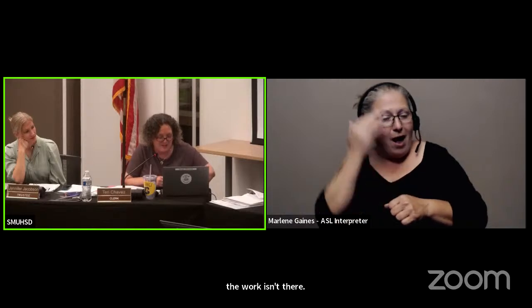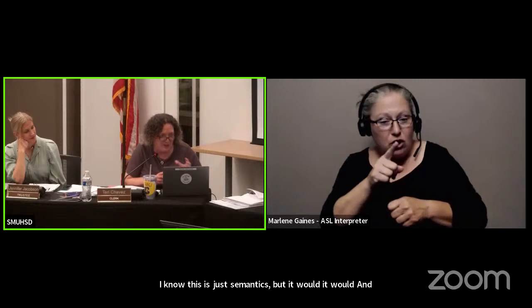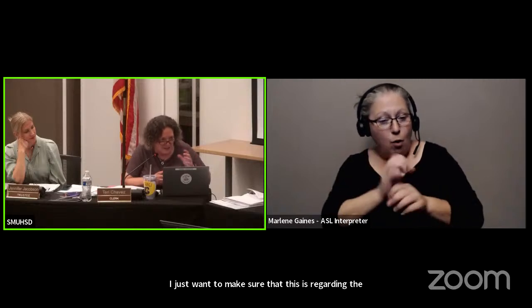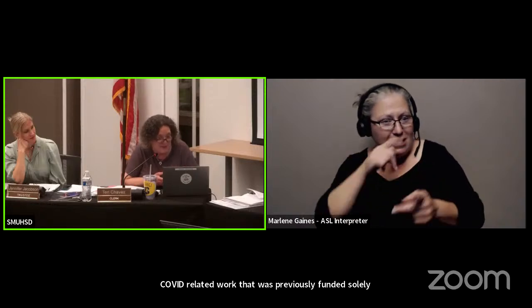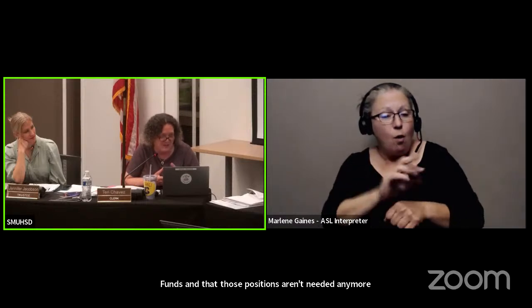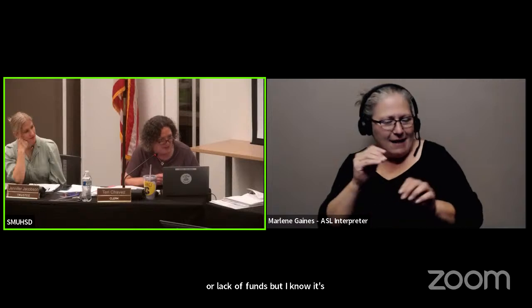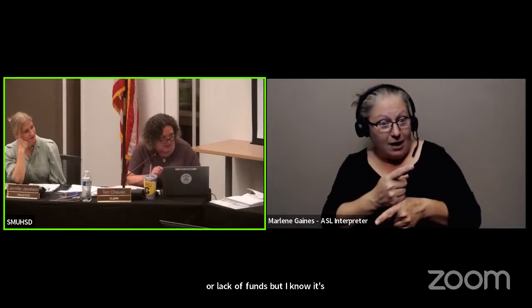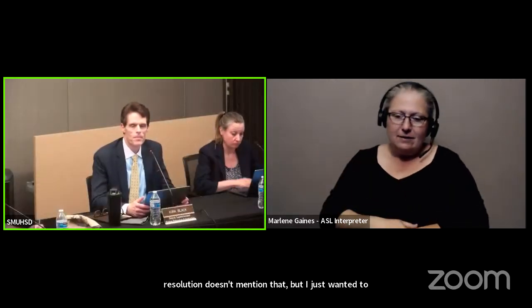I know it's just semantics, but I want to make sure that this is regarding the COVID related work that was previously funded solely with COVID funds, and that those positions aren't needed anymore. It mentions lack of work or lack of funds, but I know it's COVID related, and the resolution doesn't mention that. I just wanted to reiterate that this is completely linked to the COVID funds, right? Yes. Thank you.